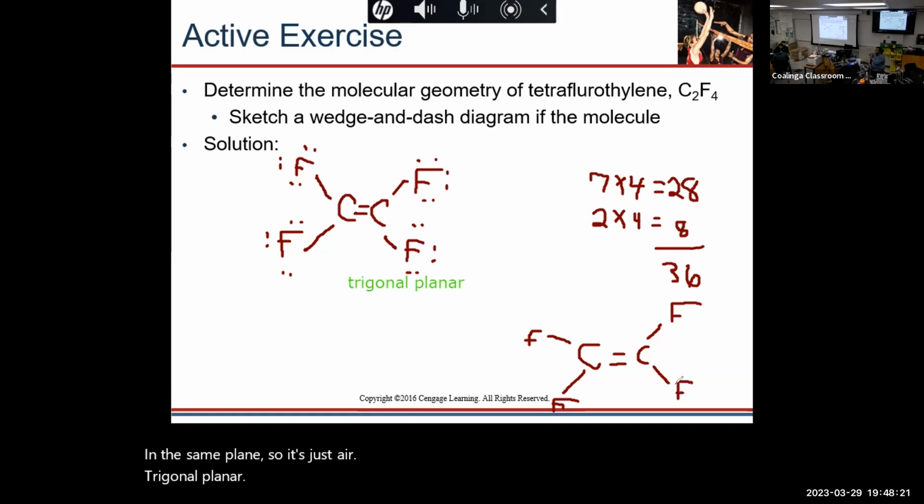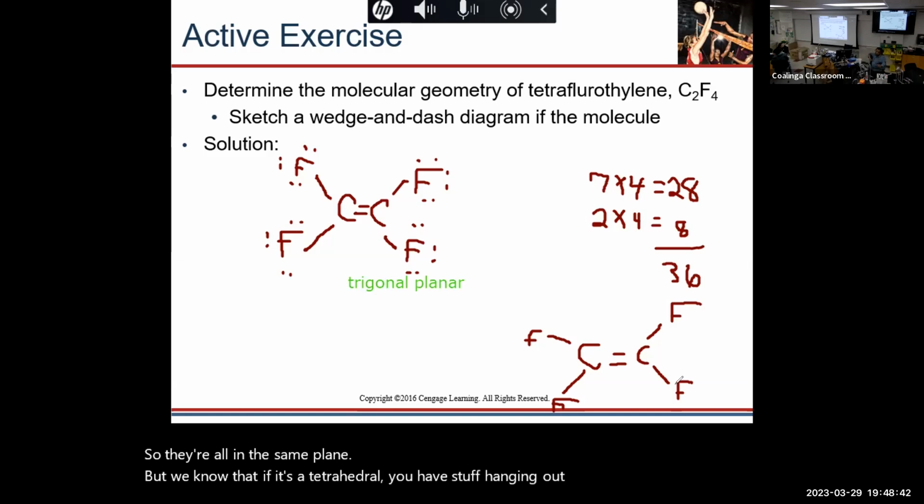Yes, so it's all kind of flat, like a flat piece of paper. They're all in the same plane. But we know that if it's tetrahedral, you have stuff hanging out.